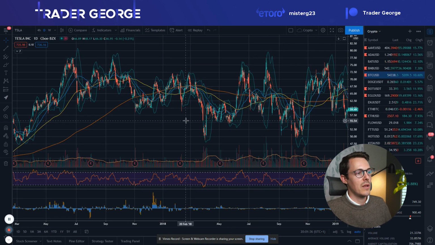And the same would apply to a support level. If you have a lot of people who think that a certain level is going to act as support, so you can take many points on this chart, but let's say around here, there might be a lot of people making the assumption, oh, here we fell down to $60. We're probably not going to go any further down. So when we come back to $60 again, I'm going to buy, because that's going to act as a support level.